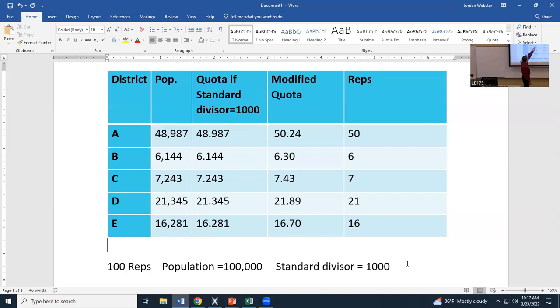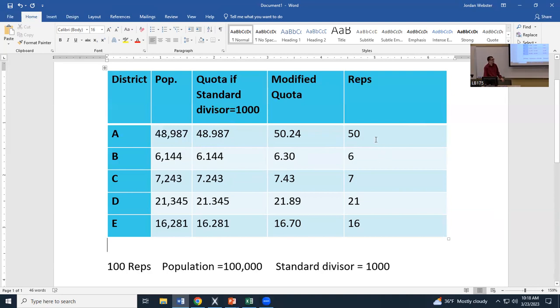Same thing with B. B should have received either 6 or 7 representatives. C should have gotten between 7 and 8 representatives, according to logic, right? Since each representative should represent about 1,000 people, that's what should happen. A should get either 48 or 49, depending on the rounding. But they don't.